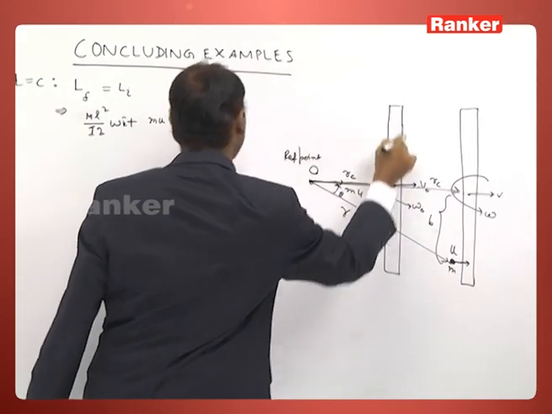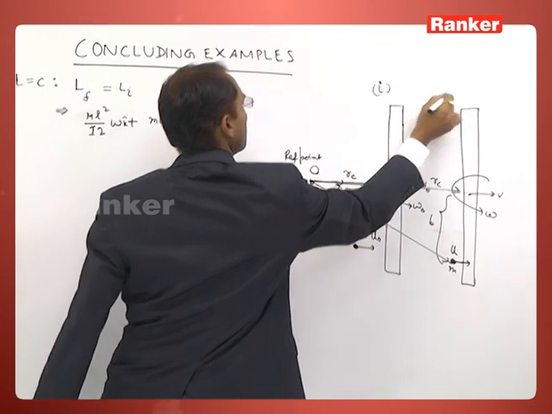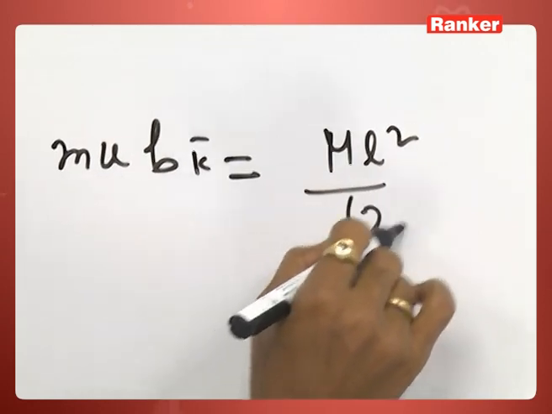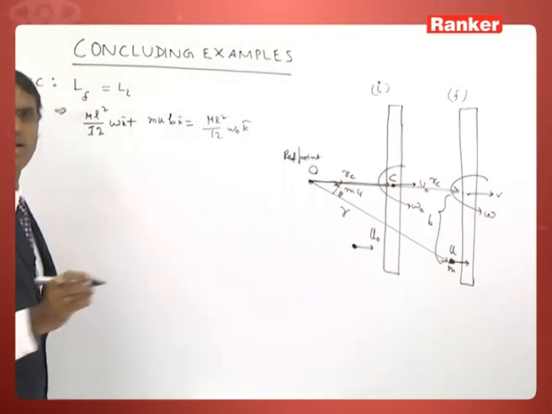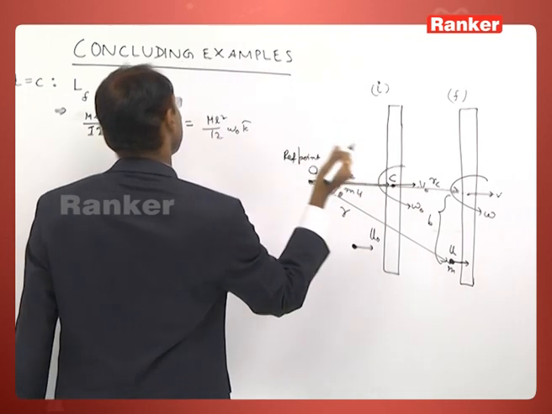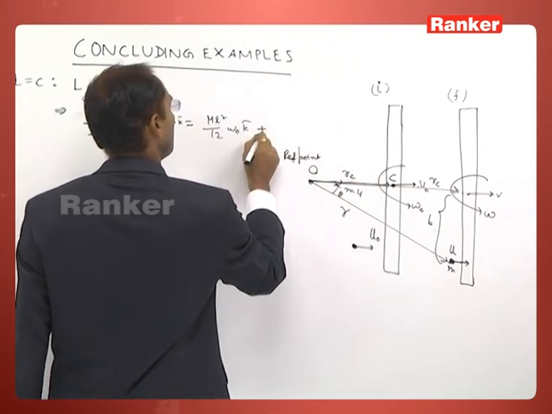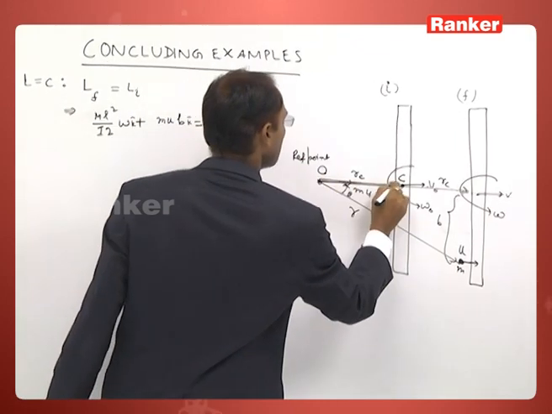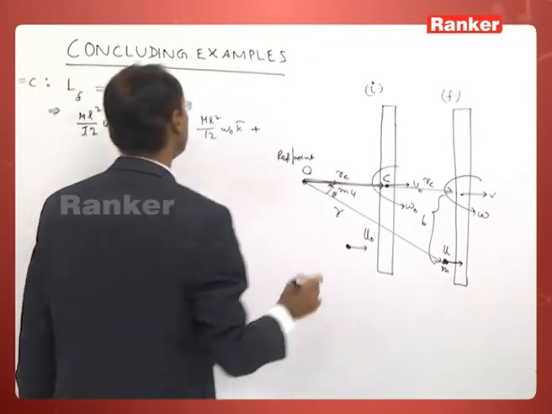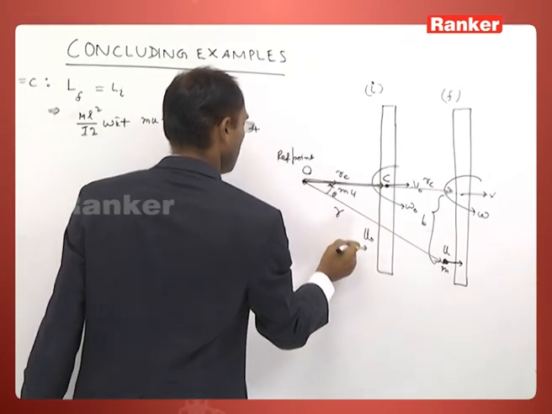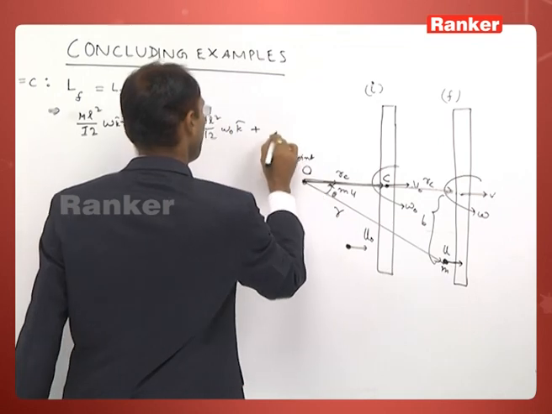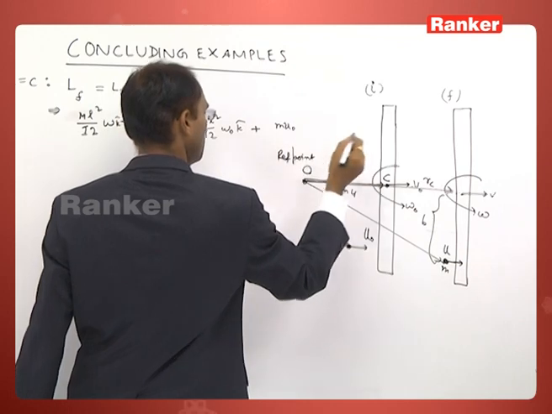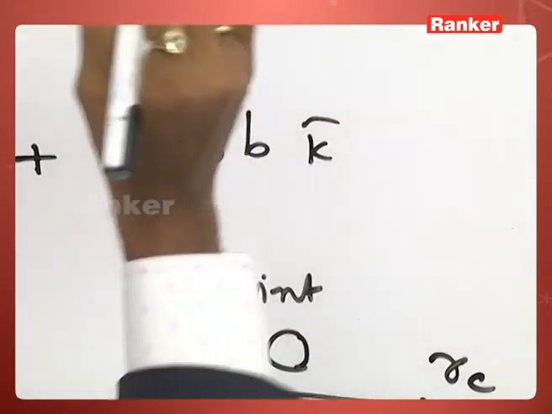Initially, this is the initial condition, and that was the final condition. The angular momentum of the rod is M L square by 12 into omega naught, taken in the positive z direction, the direction of omega. The initial orbital angular momentum about this point is 0, and the particle's initial angular momentum is m u naught into b along positive z.